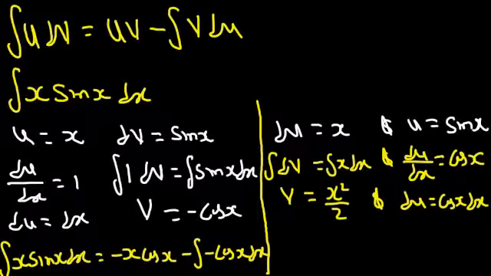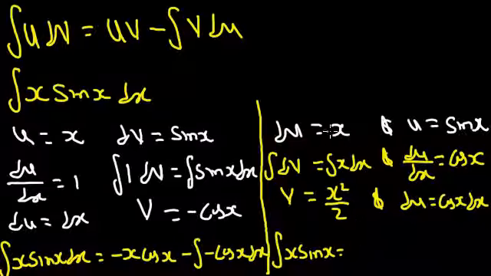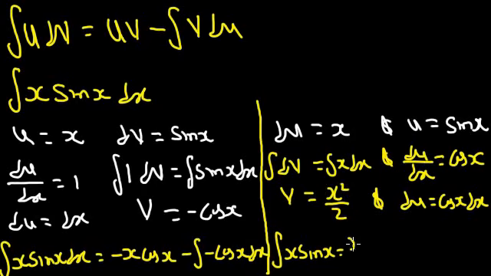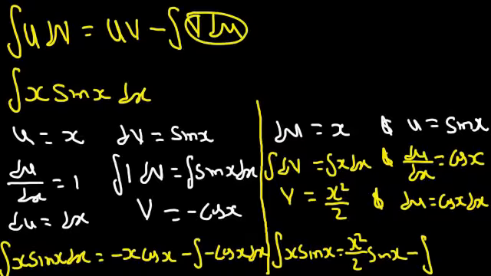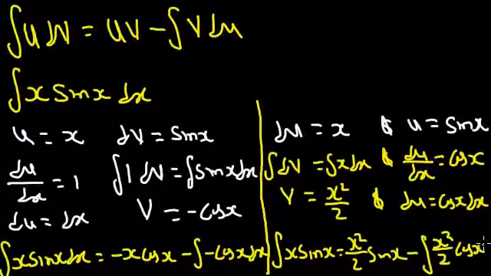Now let's apply the integration by parts formula. We have u, we have du, we have v, and we have dv. The integral of x sine x is now equal to uv. u is sine x and v is x squared over 2, so we have x squared over 2 sine x, minus the integral of v du, which is x squared over 2 cosine x dx.